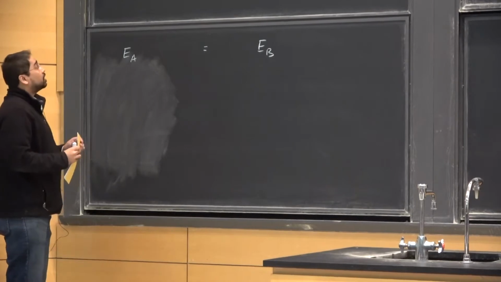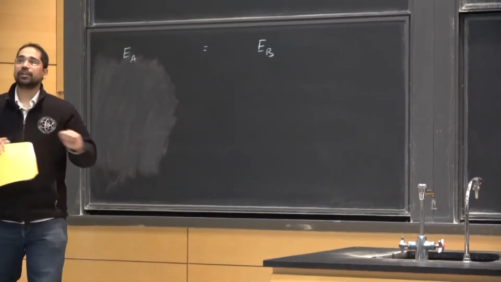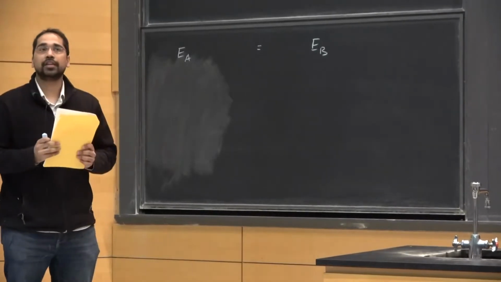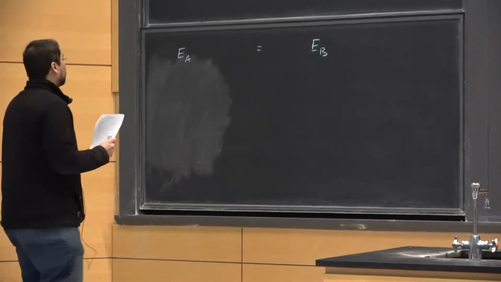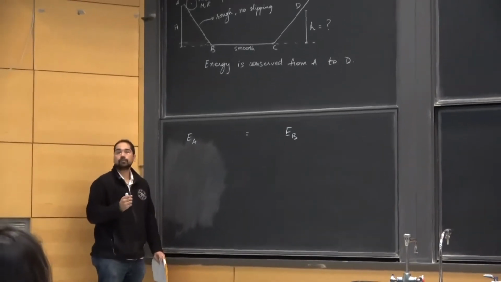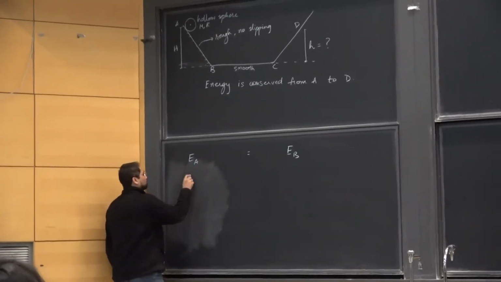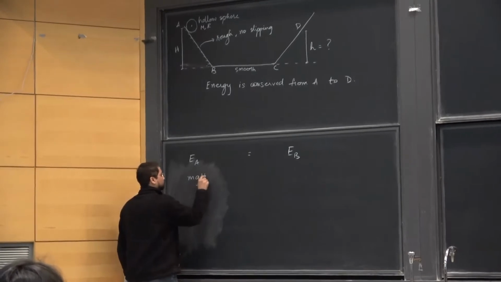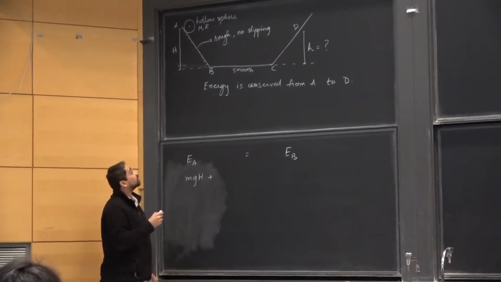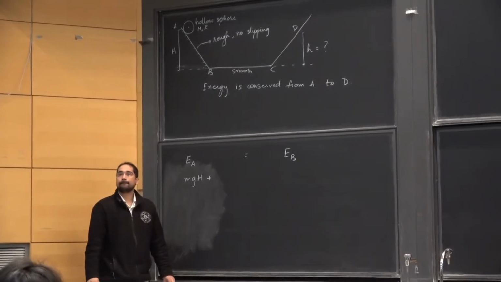So say BC is ground level. So we're measuring all potential energies at the level of B and C. So what is the energy at A? So there's potential energy, and is there any kinetic energy at A? No, right?